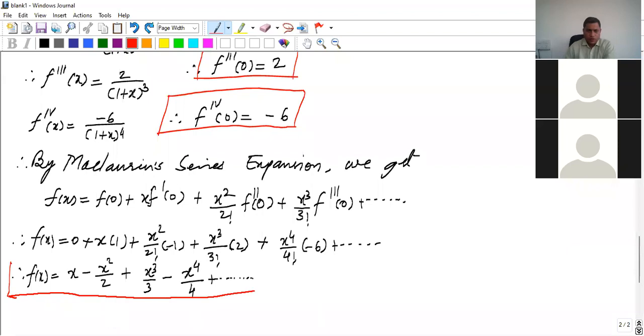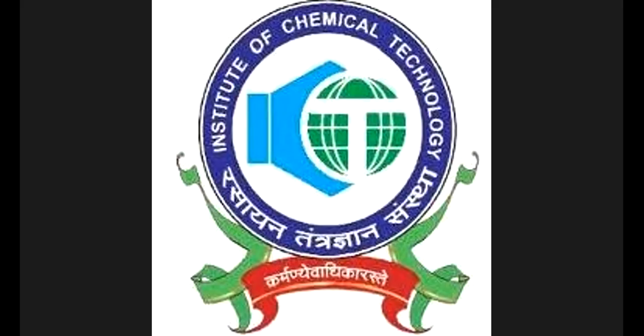This is what we have, and this is what we are going to do. Do we have any doubt in these 2 examples? No, sir. Right, you are able to get this formula.